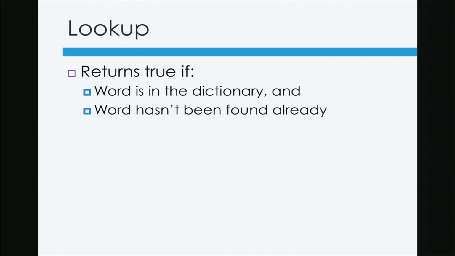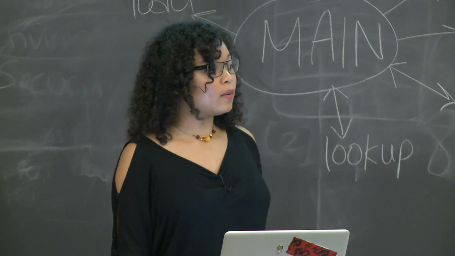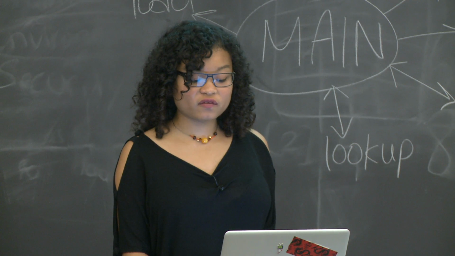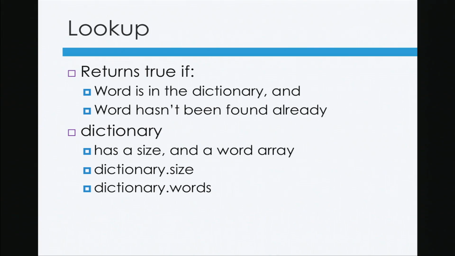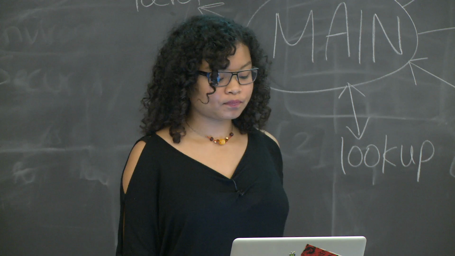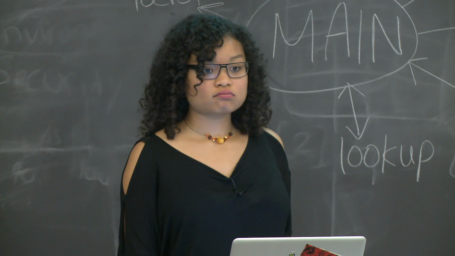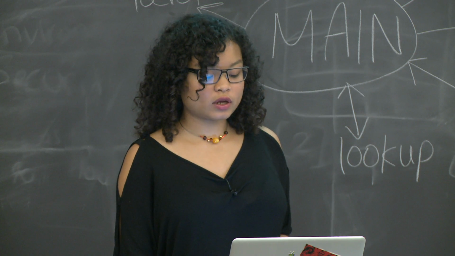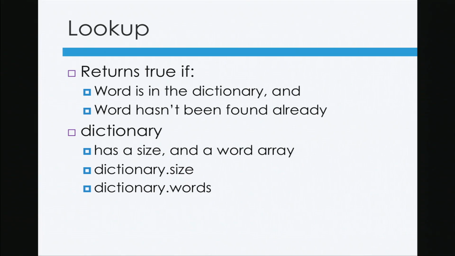and whether it's been found already. Recall the global variable dictionary, which is a struct that we've made that has an int called size associated with it, as well as an array of words, where word is a new data type. To access the size of the dictionary or the words array, you can just write dictionary.size, similar to the way you would use any other variable.